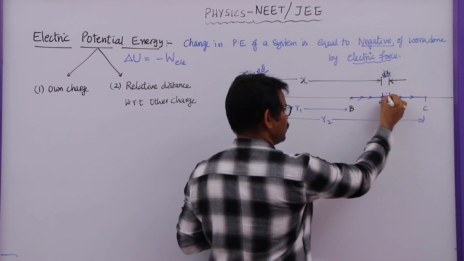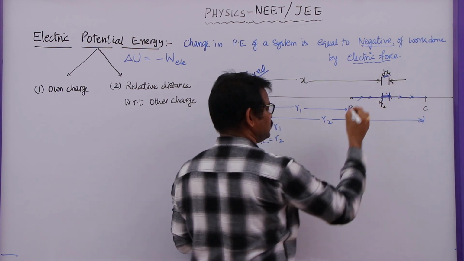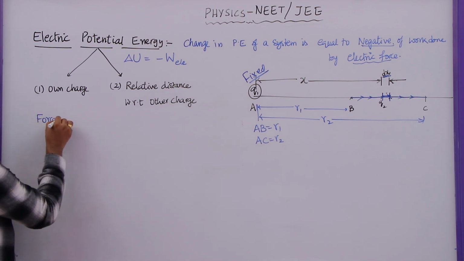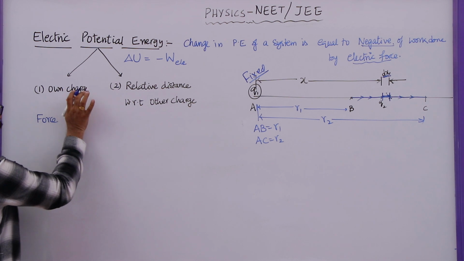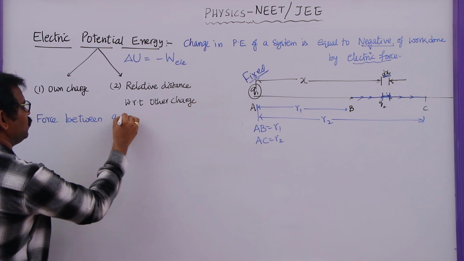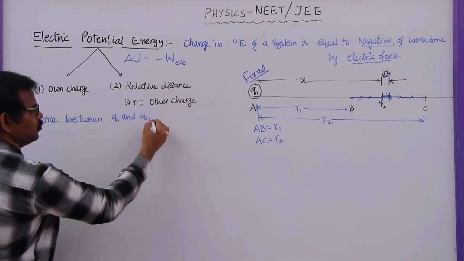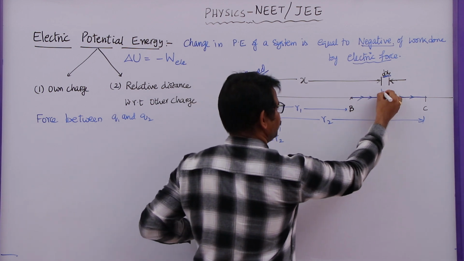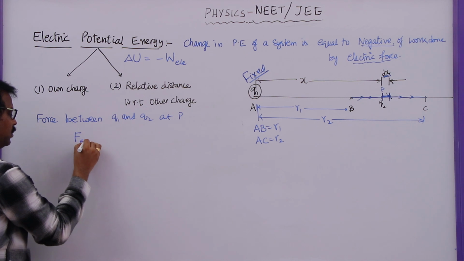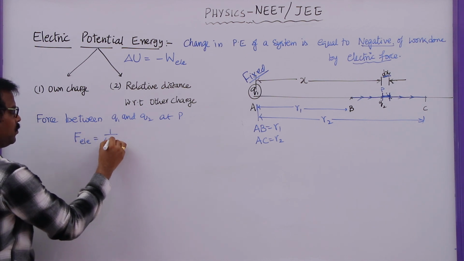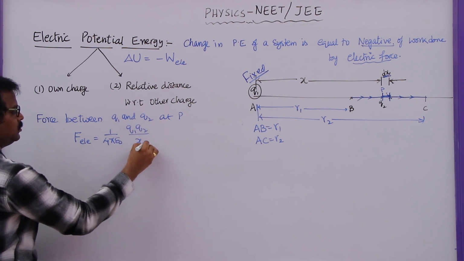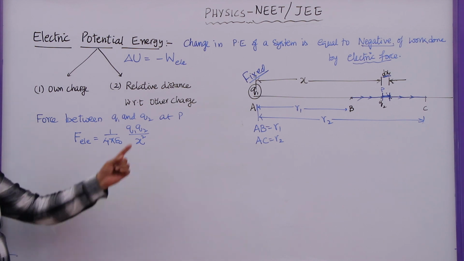So to move this charge from this point by a distance dx, first of all the force between Q1 and Q2 at that point, let me take this point as P, is given by the electric force, which is 1 by 4 pi epsilon naught, the product of the charges Q1 Q2 by the distance between the two charges x, so this will be x square.